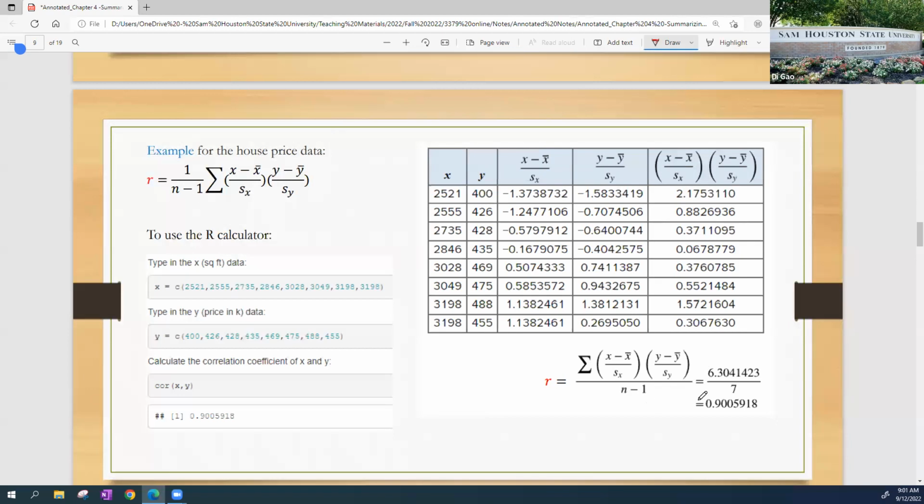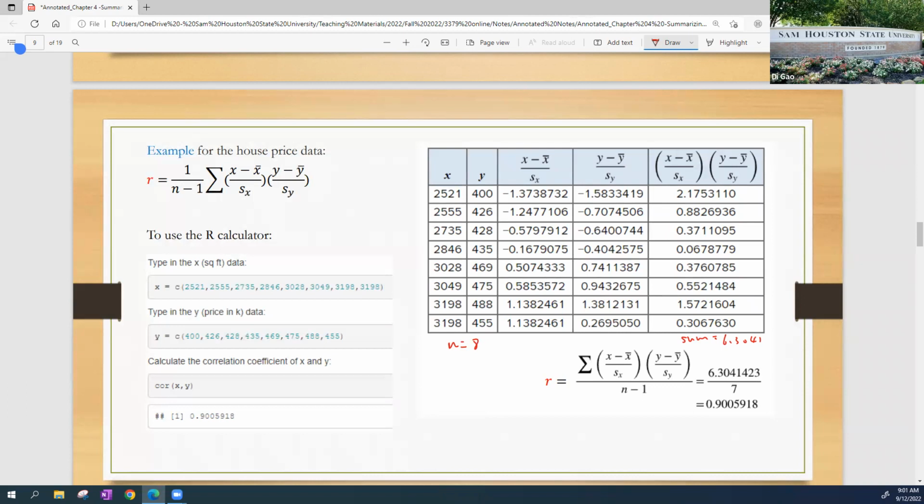The sum of this column gives us 6.3041, which is here, right? And divided by, 1, 2, 3, 4, 5, 6, 7, 8 pairs, so n equals 8. 8 minus 1 is 7.